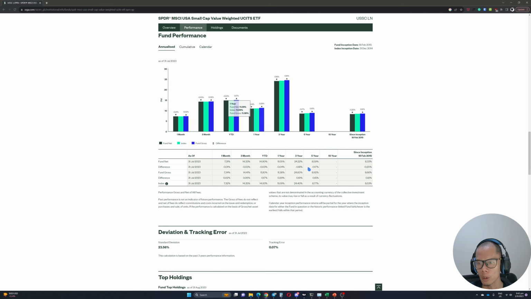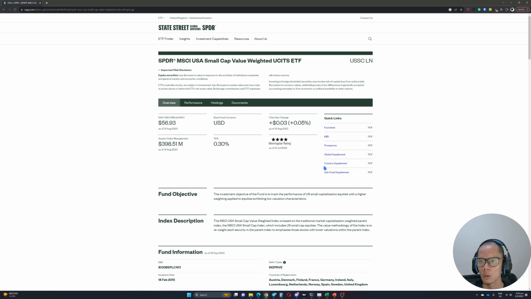If we talk about annualized, 5 years is about 8.6%. 3 years is about 24%. So those are some places where, if you have a broker like Interactive Brokers, DBS Vickers, Standard Chartered, or Saxo, you can invest in these funds on the London Stock Exchange.